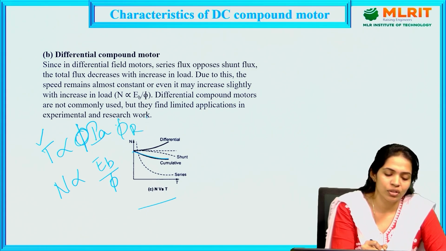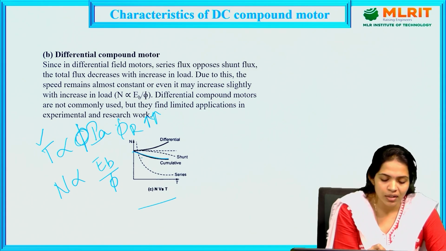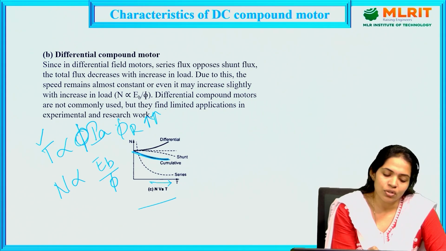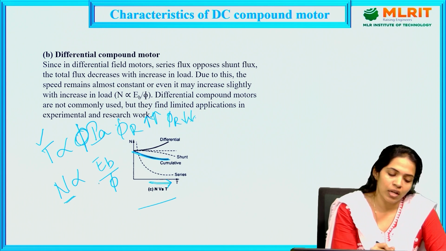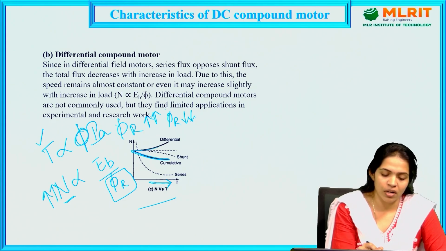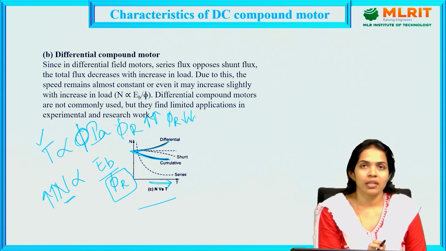So for a cumulative compound machine, when the torque increases, the speed decreases. And exactly the opposite to this, for the differentially compound machine, as the resultant flux is low, when the torque increases the speed increases. So this can be seen in this particular curve. These are nothing but the characteristics of all the three kinds of motors.